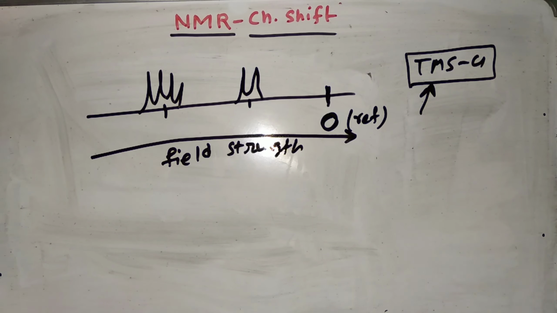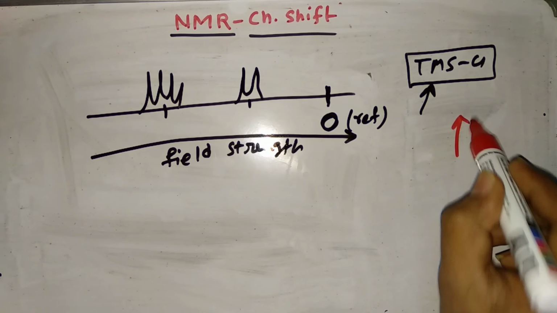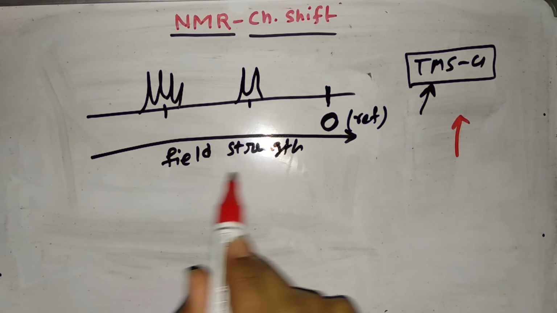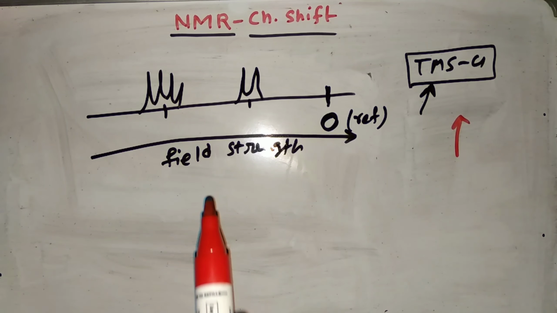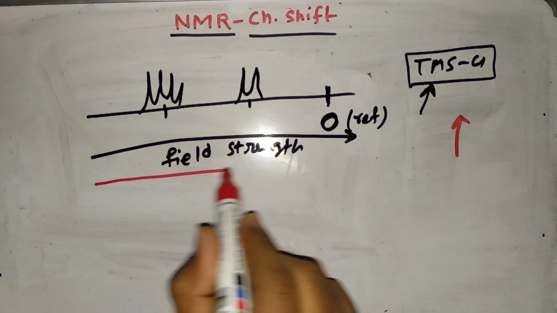And that is why, say in a system, diamagnetic shielding occurs. So if shielding occurs, then we have to apply more externally applied magnetic field, and that causes the increase of field strength.